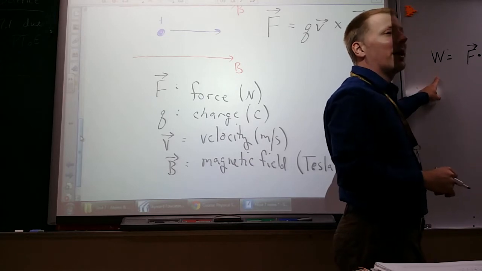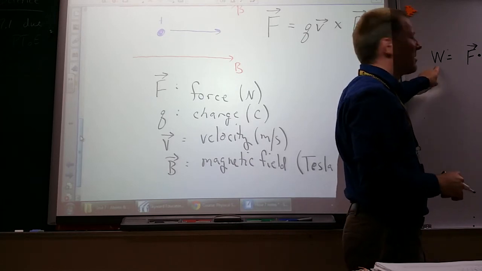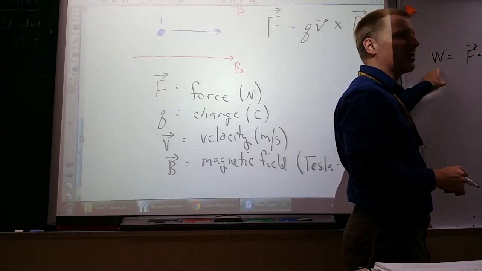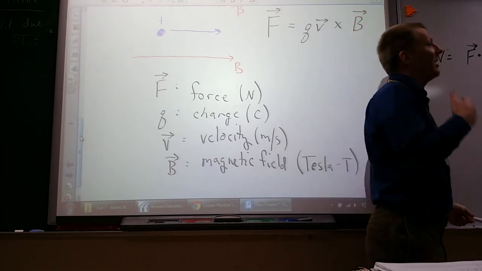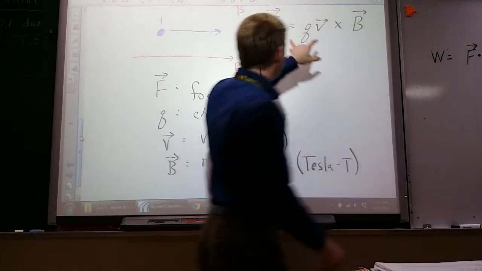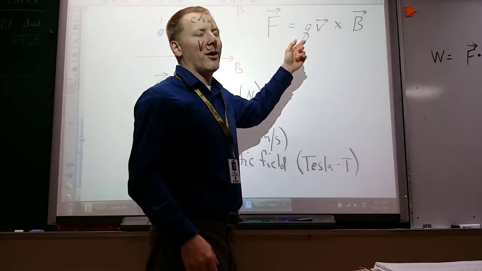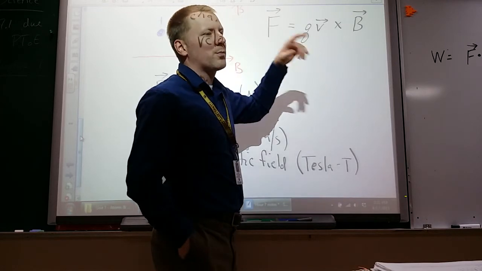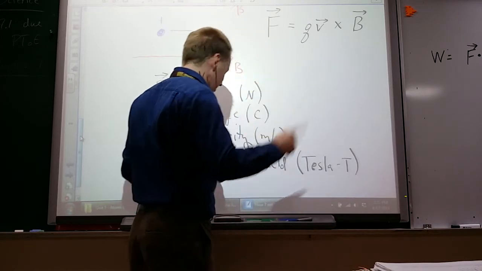But this no longer made a vector. That's why it's called a scalar product, because work is a scalar quantity, no direction involved. Force, though, is always a vector. So now we have to have a way to multiply these, but get a vector out.